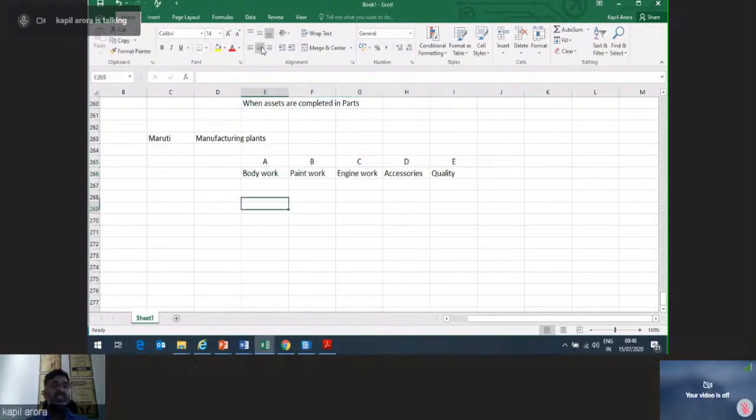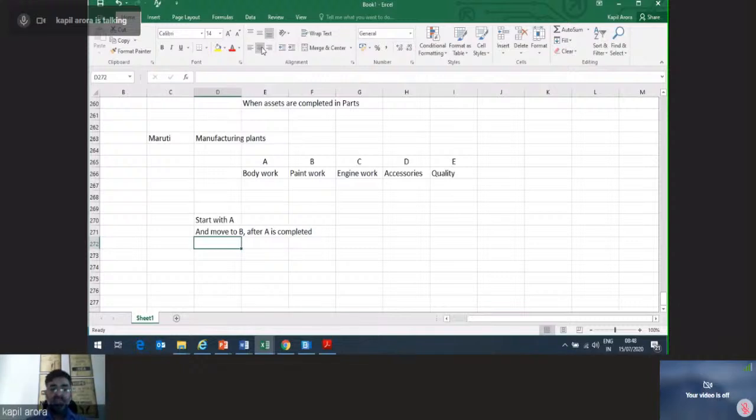So Maruti has decided they will start with A and move to B after A is completed.